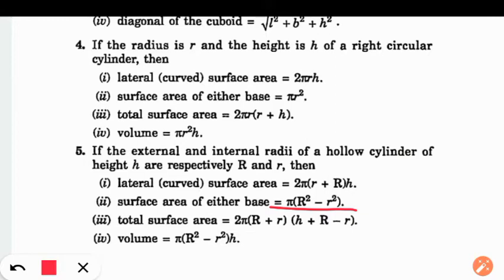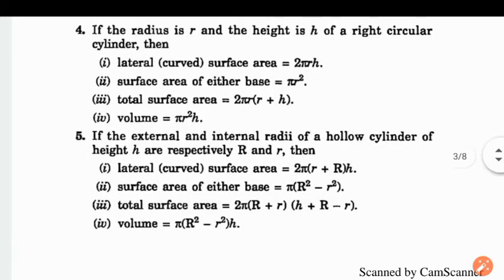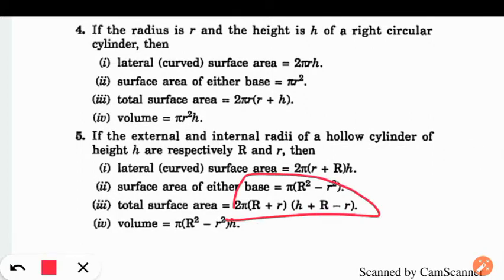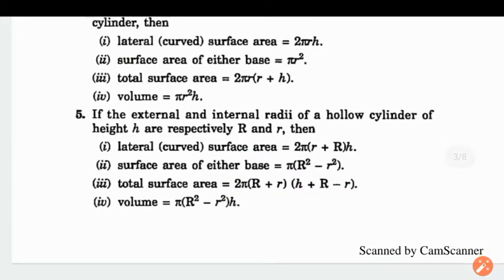In both cases, the formula is the same. So for both of them, we must have 2 here, right? So lateral surface area plus 2 into this gives you the total surface area of the hollow cylinder. And after taking common and all, we will get this one. Now what is the formula to find the volume of the hollow cylinder? The volume of the outer cylinder minus the volume of the inner cylinder.